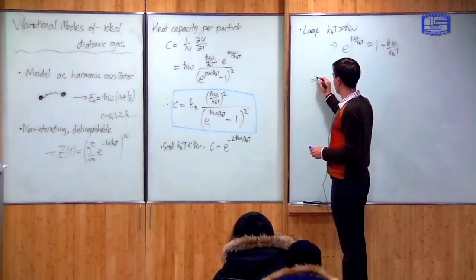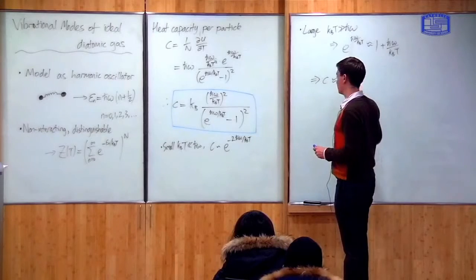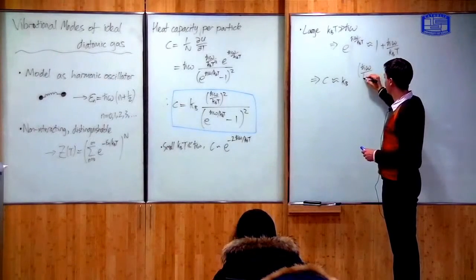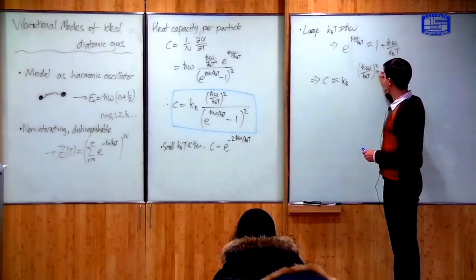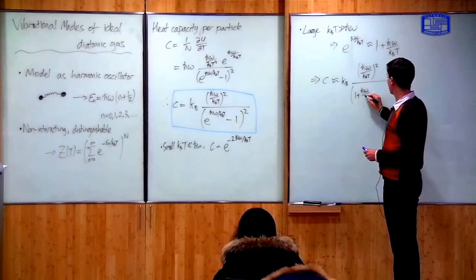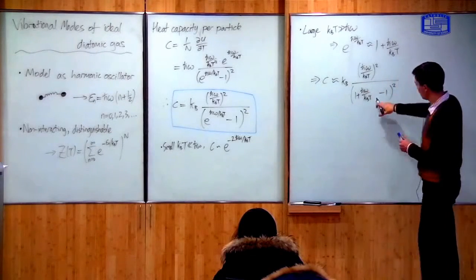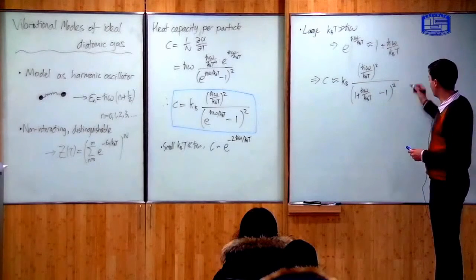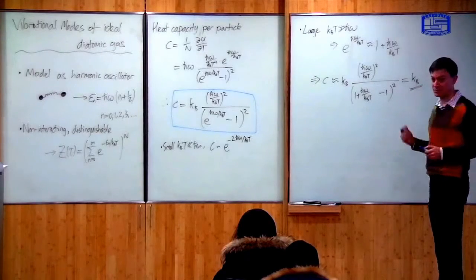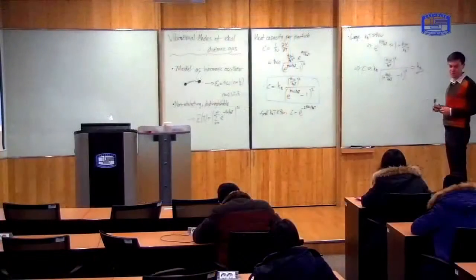And if this is true, then CV takes a very simple form. You see that the top and bottom are exactly the same, so they cancel, and this just gives you that C, the heat capacity, is equal to the Boltzmann constant. And this is the prediction of the equipartition theorem.